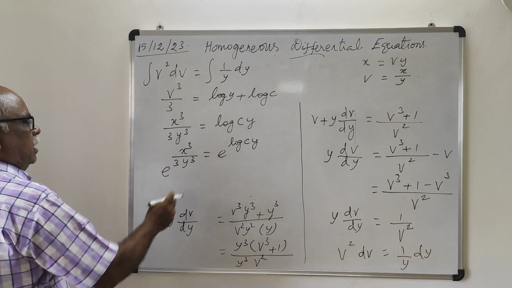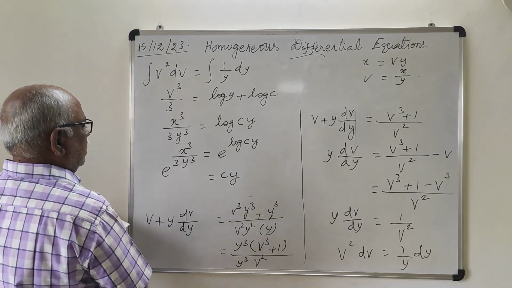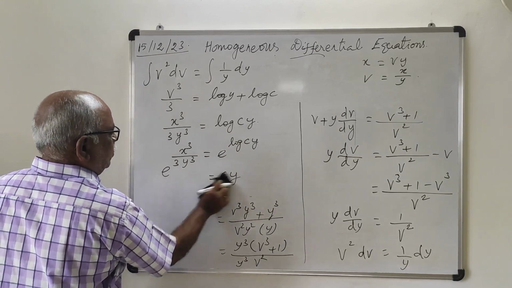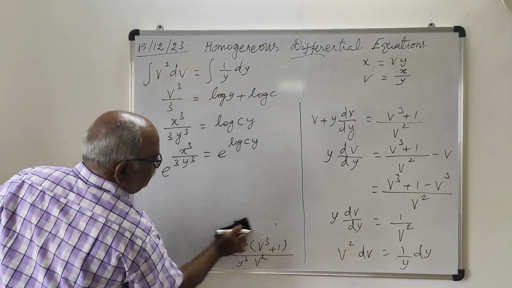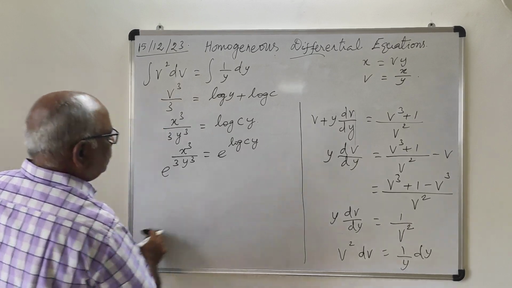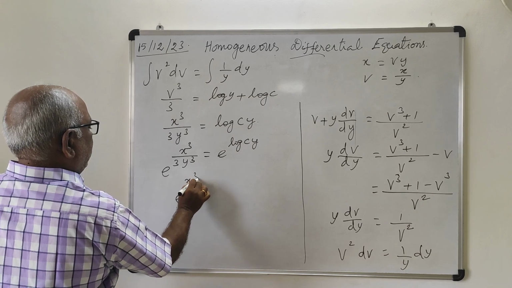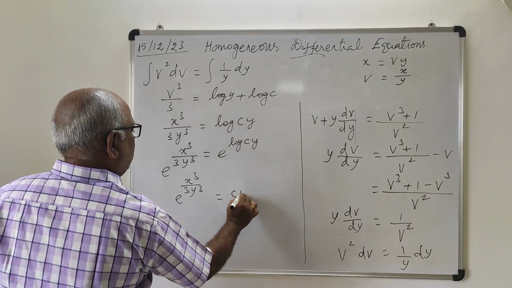E power log is 1, therefore it is cy. So e power x cube by 3y cube equal to cy.